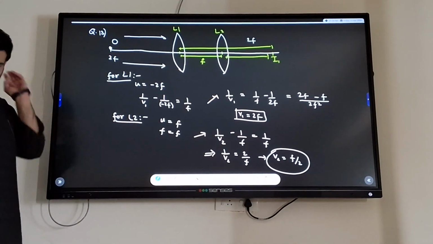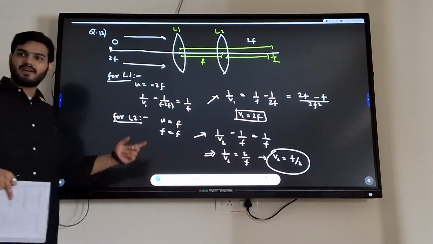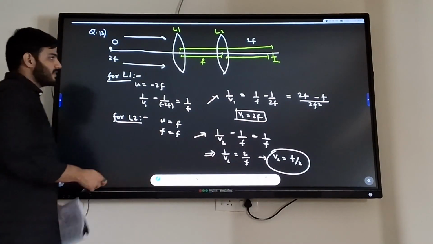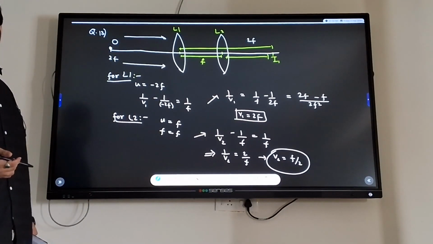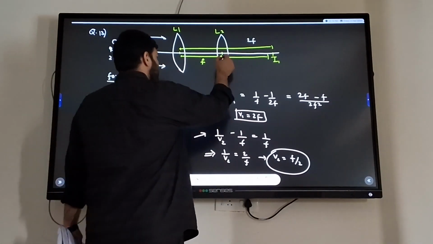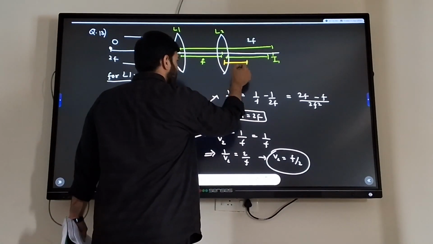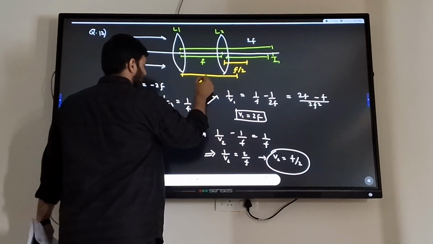If V2 equal to F by 2, then what are they asking? Find magnification. Can you find it now? V2 is equal to F by 2 with respect to what lens? L2. So from L1, how much will it be then? 3F by 2.